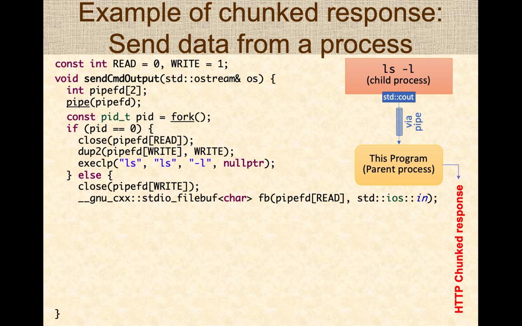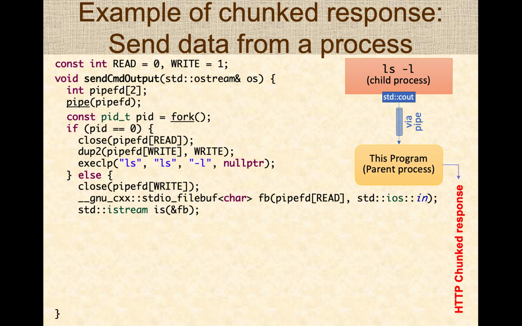We wrap the integer, which is synonymous to a stream, into a buffer to make it easier to read the data, and wrap the buffer into an input stream object. This input stream object gives us the methods to use the stream extraction or stream insertion operators like greater than, less than, and getline to read data from that file buffer. And you can think of this as being synonymous to creating a scanner object to read data in Java.